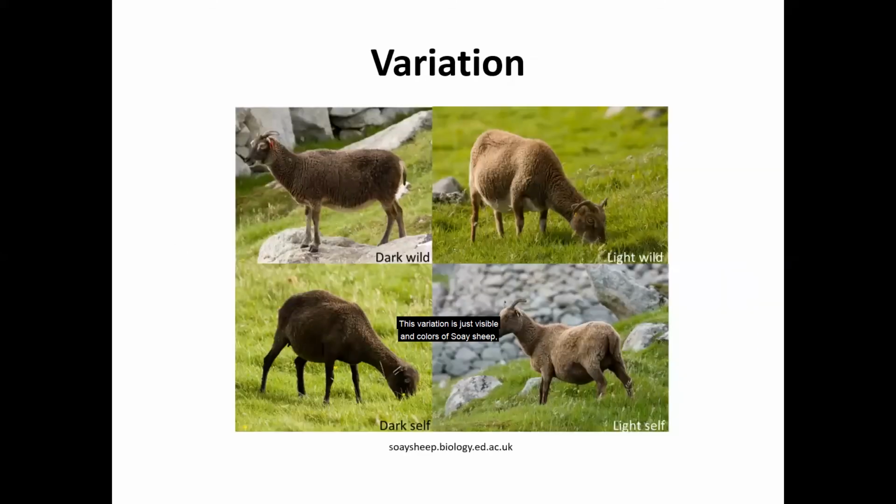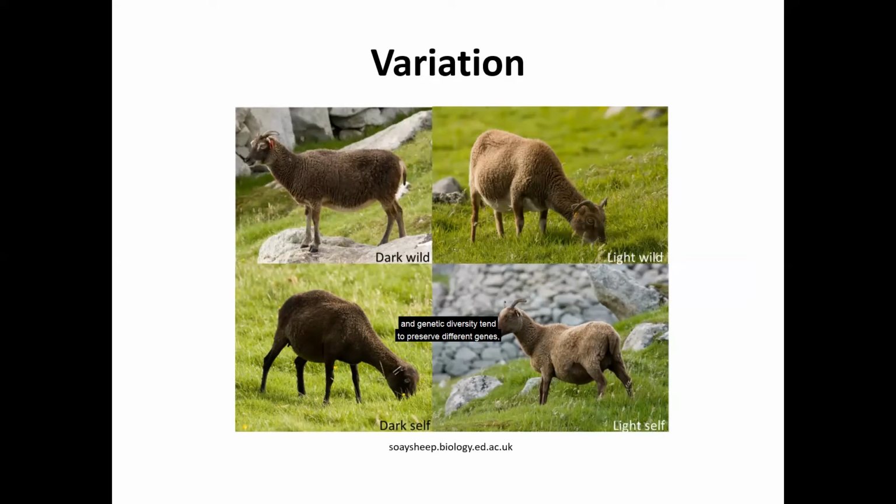Okay, natural population of sheep: usually there's considerable genetic variation in wild populations. This variation is visible in the colors of Soay sheep, which are a relatively undeveloped primitive breed.